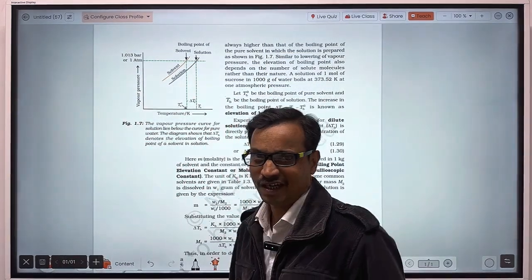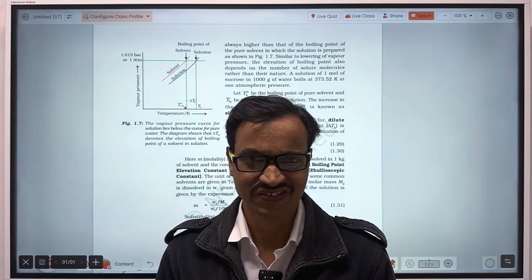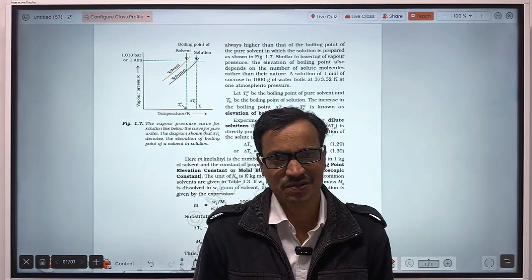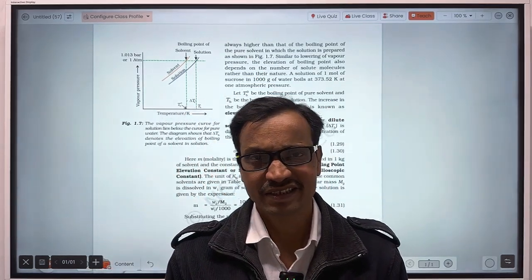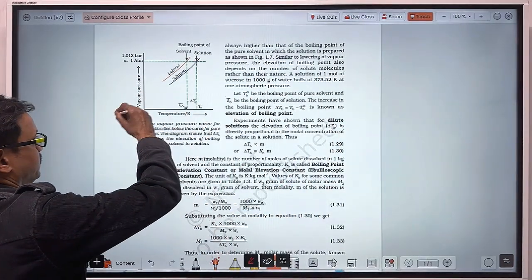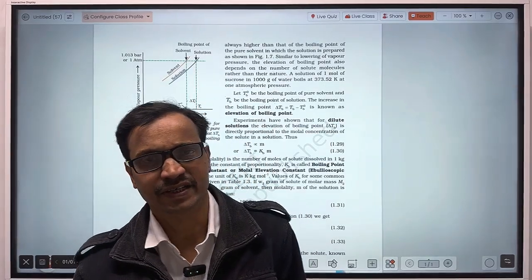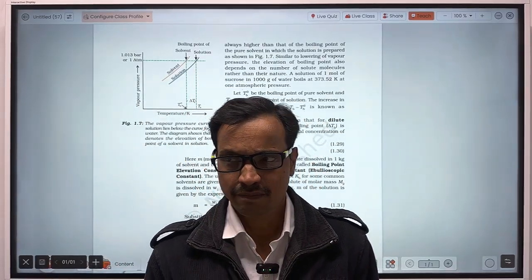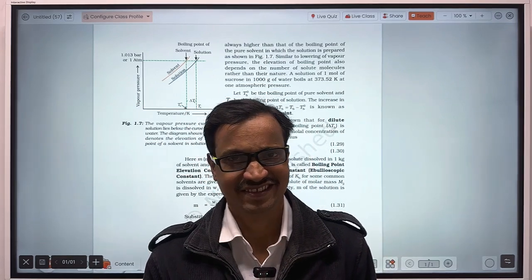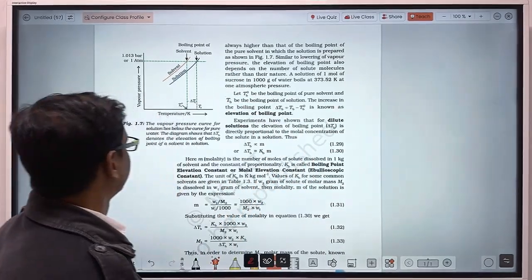Everyone already knows that the vapor pressure of a solution is always lower than that of the pure liquid solvent. Here is a graph with respect to temperature. If you increase the temperature of any liquid or solution, more and more liquid particles go into the vapor phase, and hence the vapor pressure increases.